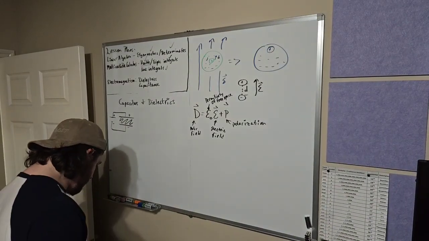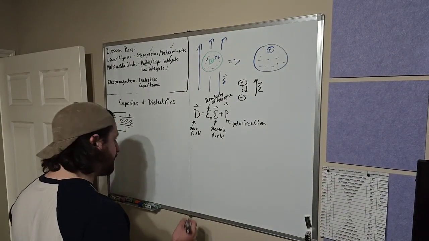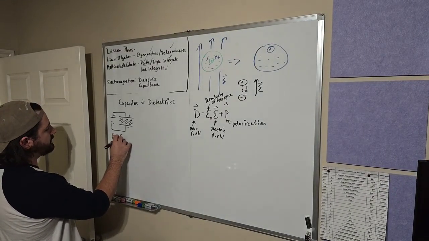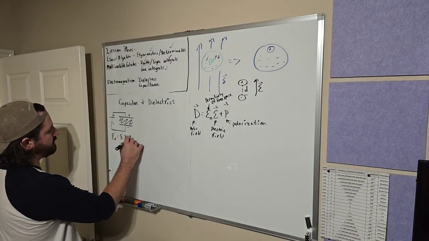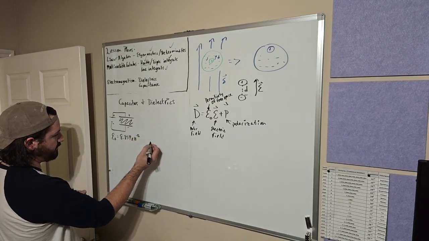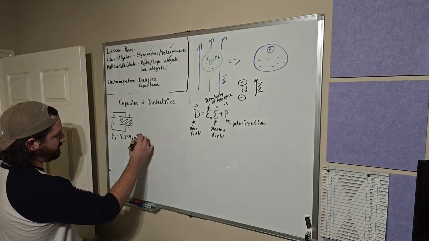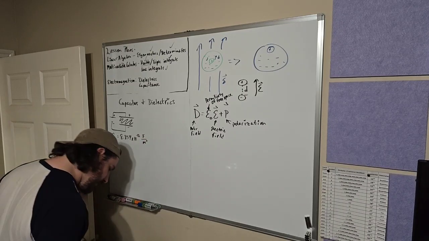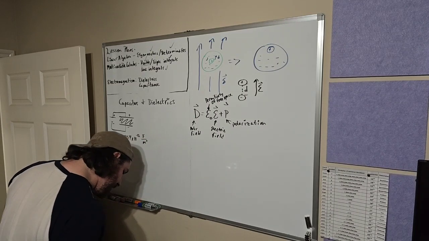Okay, so one thing to note is that E sub 0 is equal to 8.854 times 10 to the negative 12th. I believe it's farads per meter squared. Let me double check. Yeah, farads per meter squared, cool.